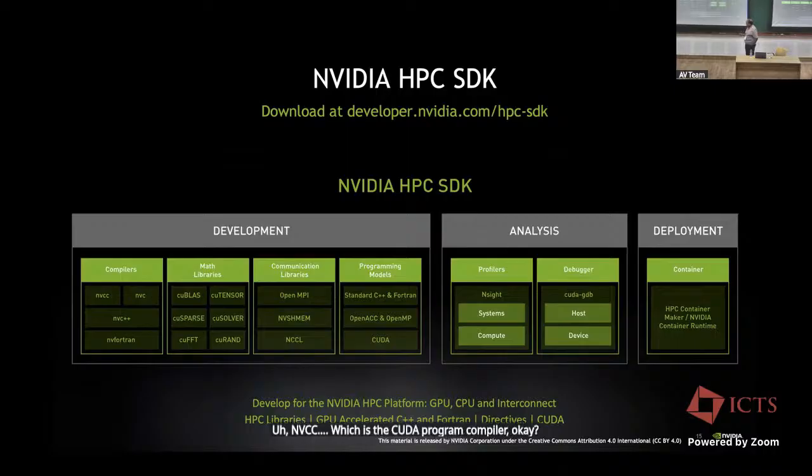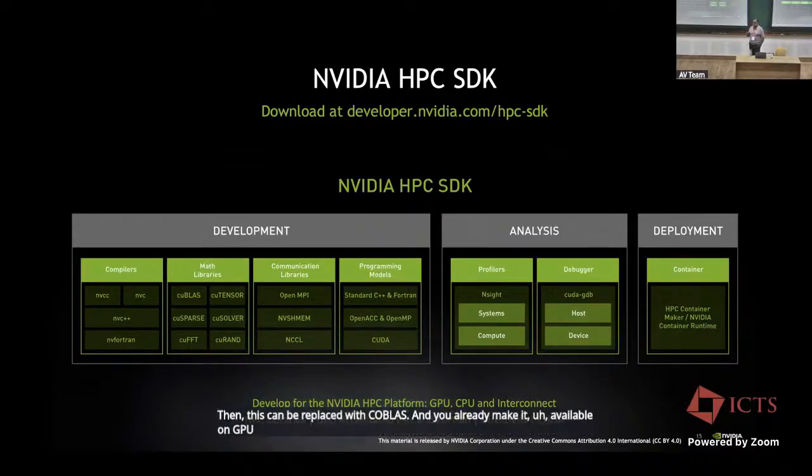Then these libraries are there, cuBLAS. If you are using BLAS or such libraries, this can be replaced with cuBLAS and you already make it available on GPU. The code will be ported to GPU just by using cuBLAS instead of BLAS.